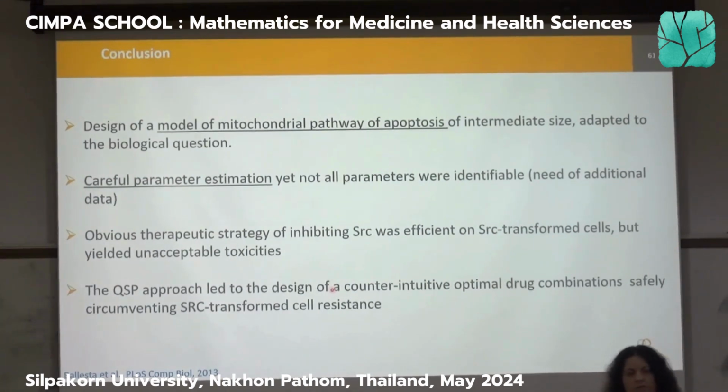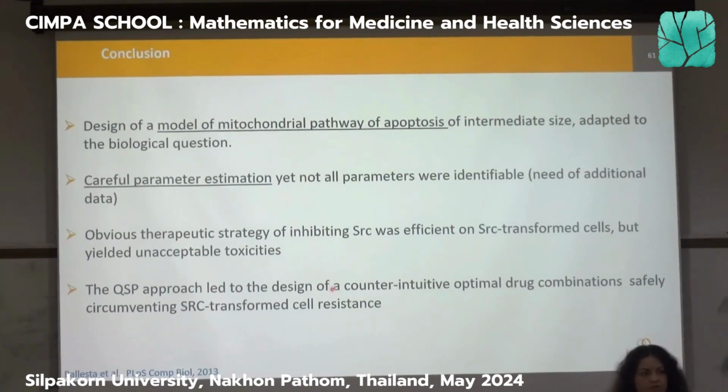So basically, this is what we call a proof of concept that quantitative system pharmacology can really help identify complex drug combinations for different cancers, cancer types or patients. Okay, so I will finish this first part here. Do you have questions about this?